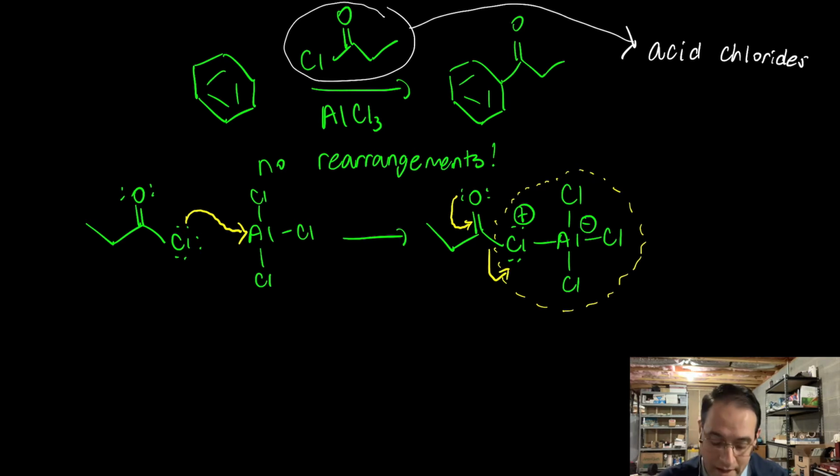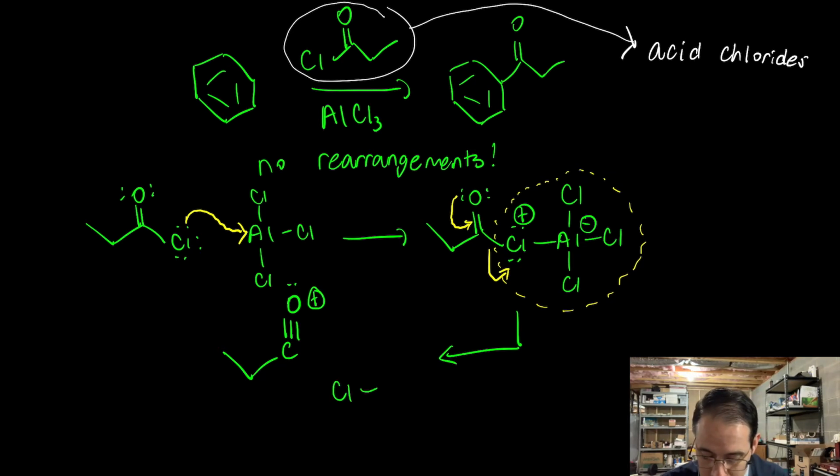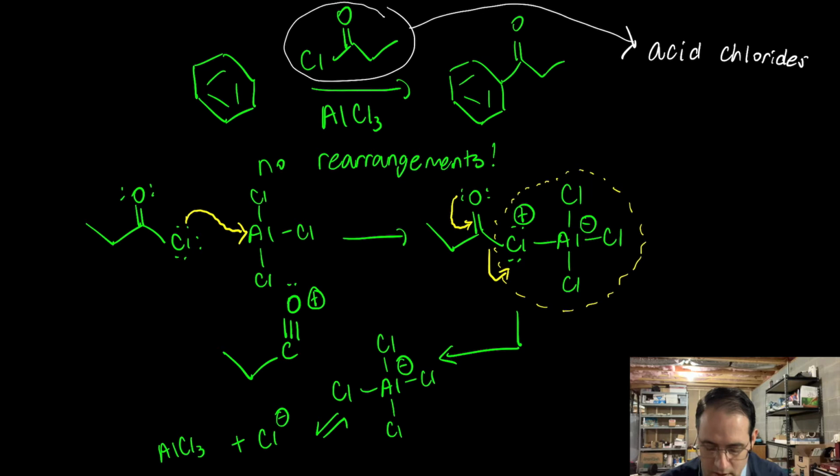Okay, when that happens, I'll draw it bent like this, but when you do that, you have a carbon-oxygen triple bond, and then you have a positive charge on that oxygen atom, and you have chlorine right here, attached to the aluminum trichloride, and that's in equilibrium with chloride and aluminum trichloride, okay?